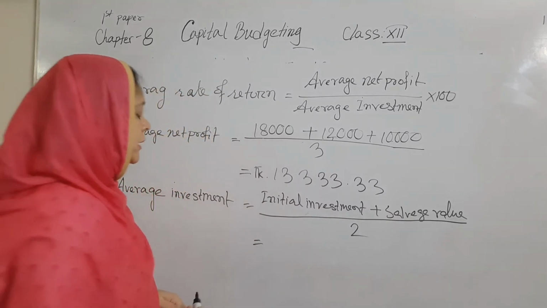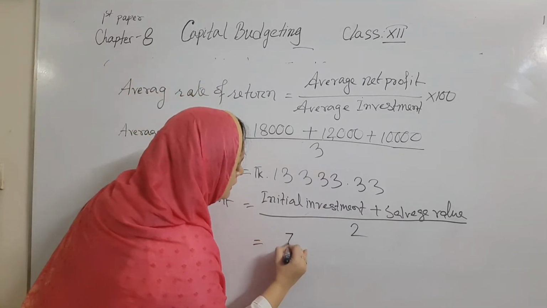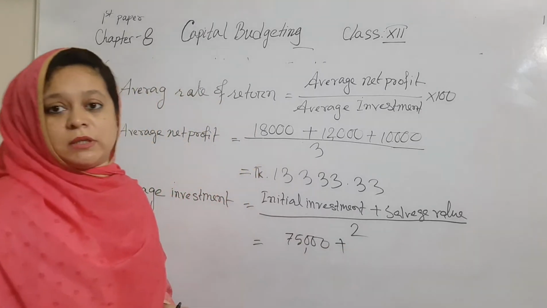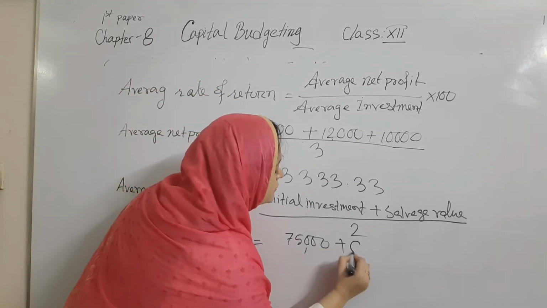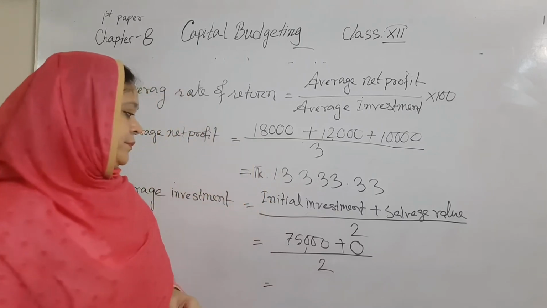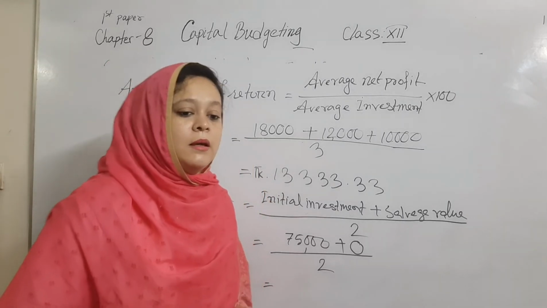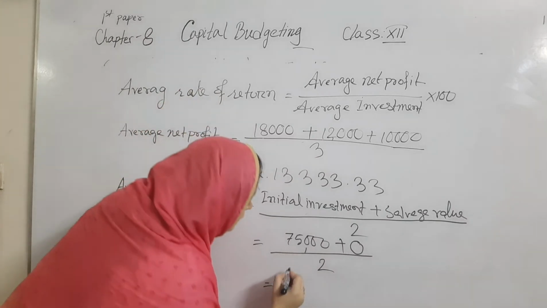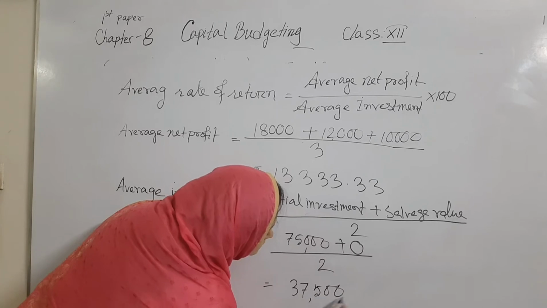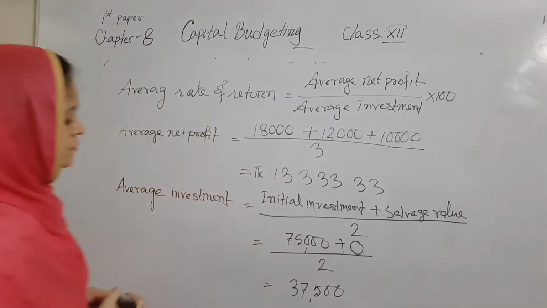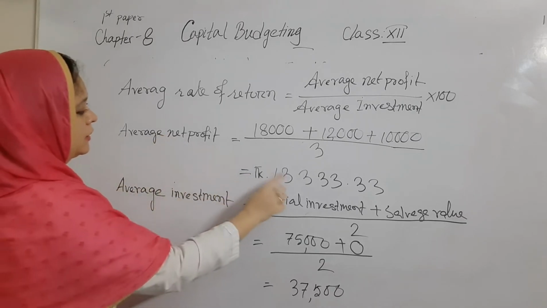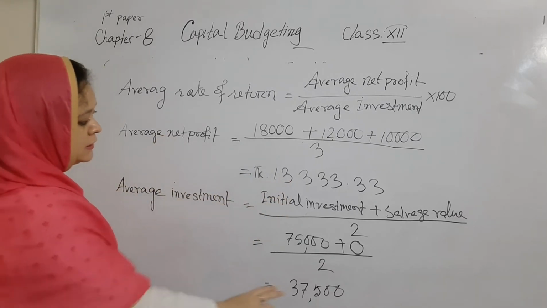According to the information, the initial investment is 75,000. No salvage value is available in the scheme, so salvage value is 0, and the formula is 75,000 divided by 2. Here the answer is 37,500. This is the average investment answer.